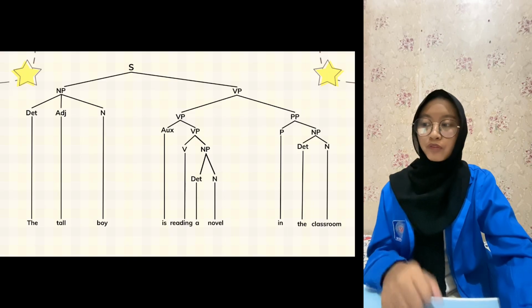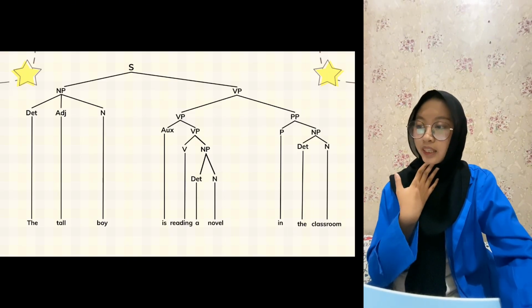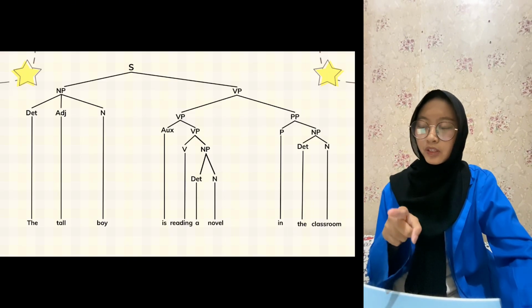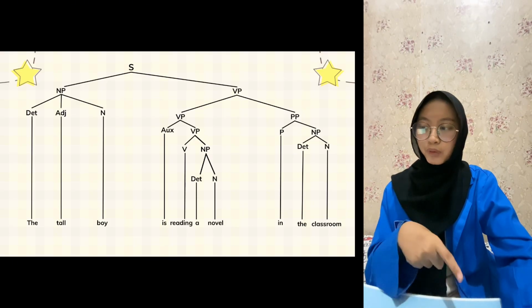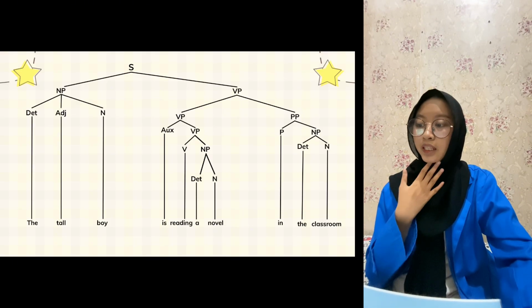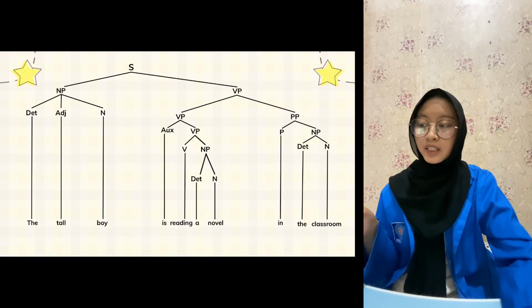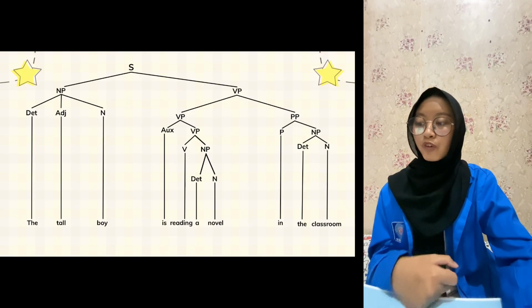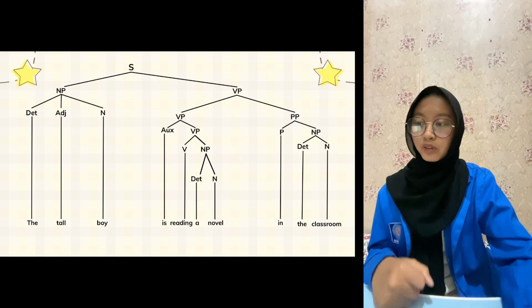It was part of the VP, and then the determiner is part of the NP, which shows in the second VP. For the determiner here is a, and for the noun is novel.